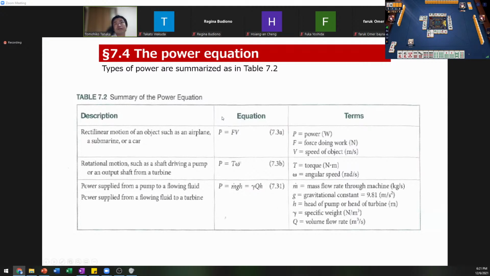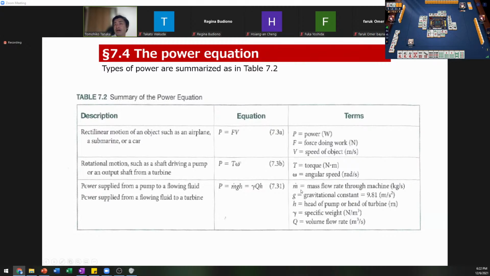And also in the textbook, you can find a description of the summary of the power equations. So for linear motion of an object such as an airplane or submarine or a car, P equals FV, right? And also P equals T omega. And also power supplied from a pump to the flowing fluid, or from the fluid to a turbine, you can calculate the power as m dot gH or gamma QH.